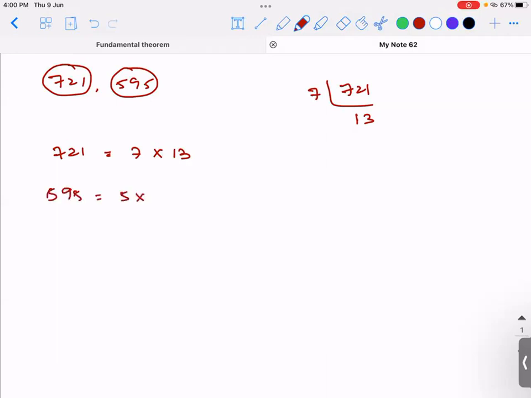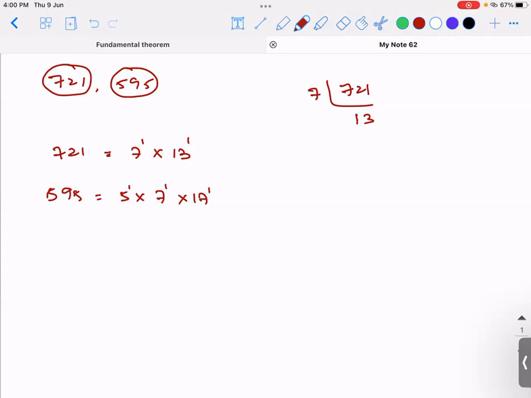I hope everybody got this. Most importantly, what are you supposed to do when you're doing this prime factorization? You need to express a composite number in terms of only primes. Okay. So when you do this, observe. So 7 power 1, 13 power 1, 5 power 1, 7 power 1, and 17 power 1.